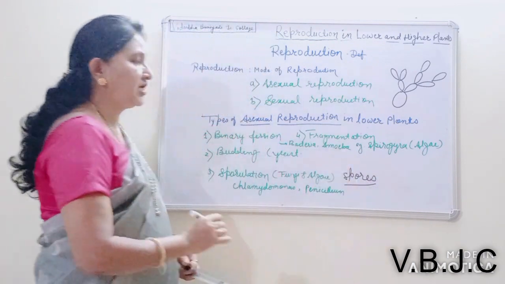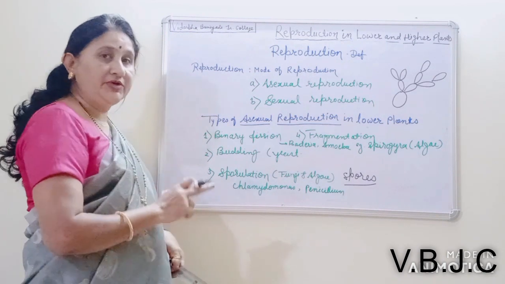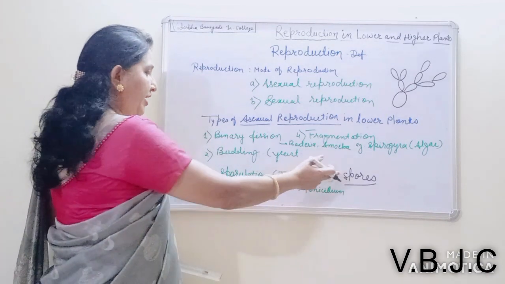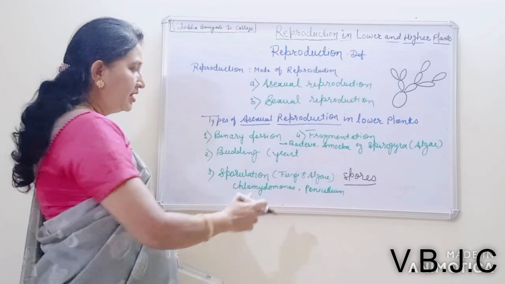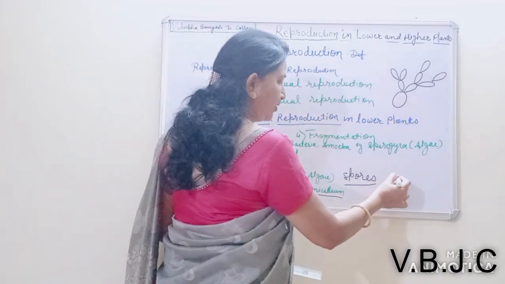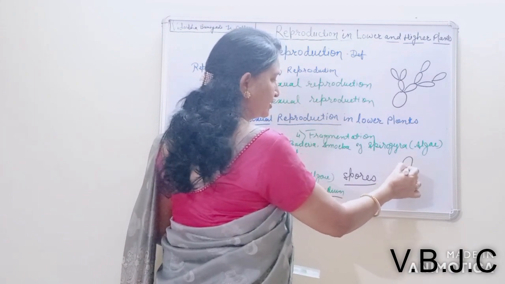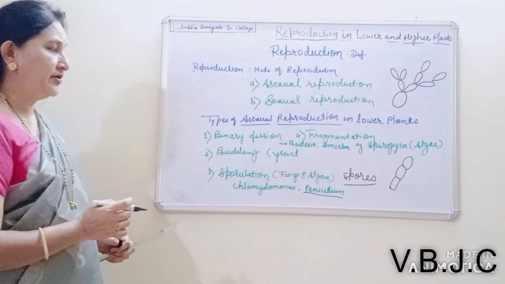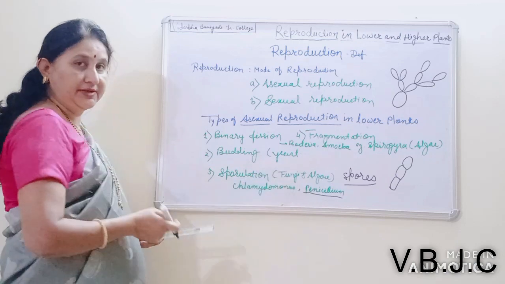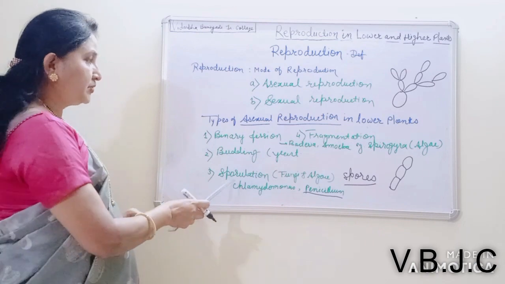Some spores are motile, particularly in algae; for example, Chlamydomonas produces zoospores, which are motile spores, and they give rise to new individuals. In Penicillium, the conidia arranged like this give rise to new individuals. Penicillium is also a fungus. So this is about sporulation.